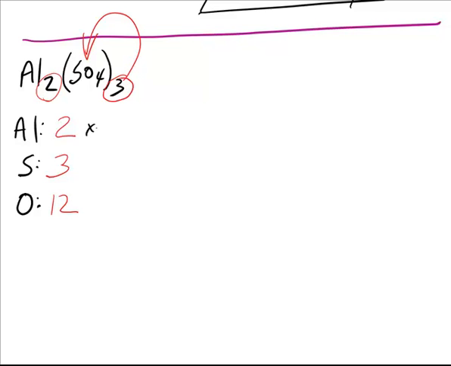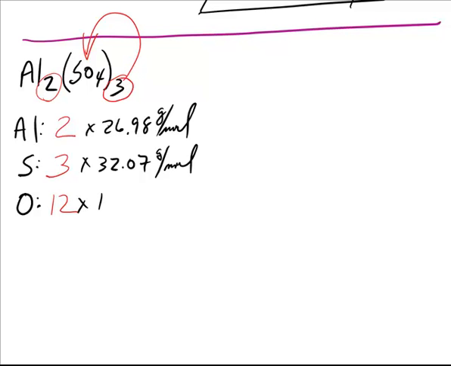And now that we've accounted for all of our atoms, we can put our molar masses in. Aluminum, 26.98 grams per mole. Sulfur, 32.07 grams per mole. And oxygen, again, 16.00 grams per mole.